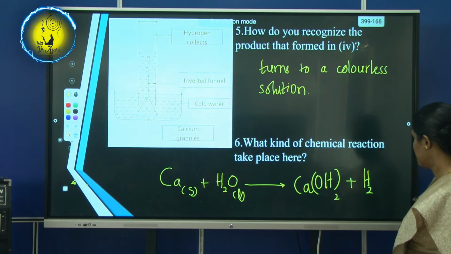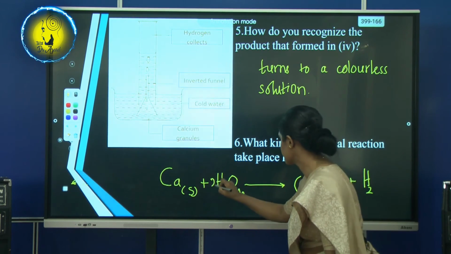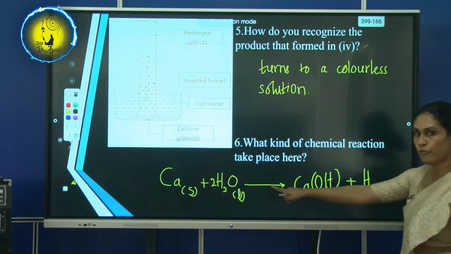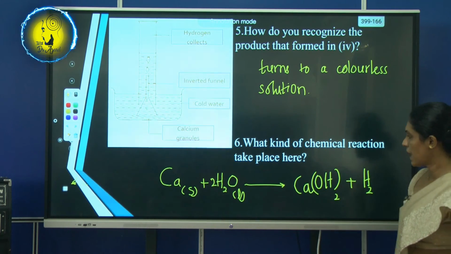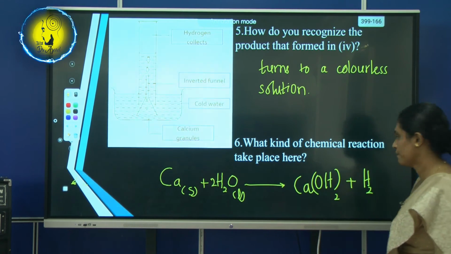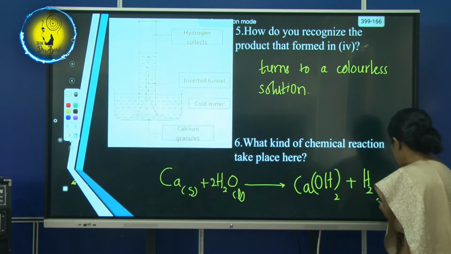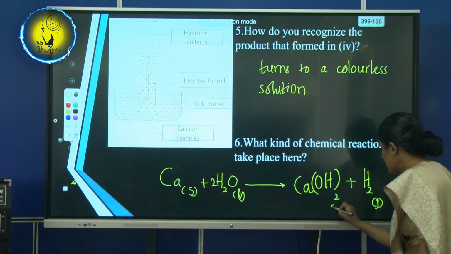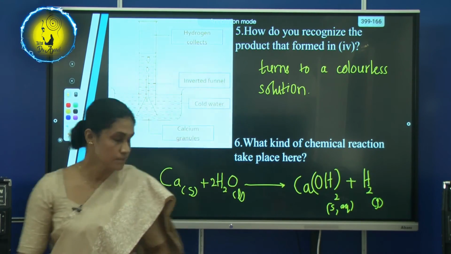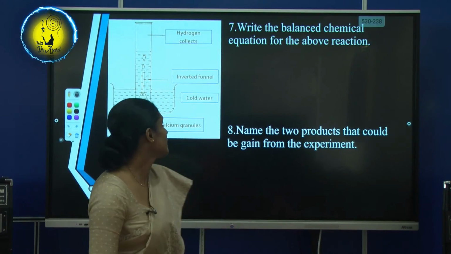Let's balance this one. 4 hydrogen atoms, oxygen 2, calcium 1. Okay. This is a gas. This can be a solid or aqueous. It depends. Okay, children.